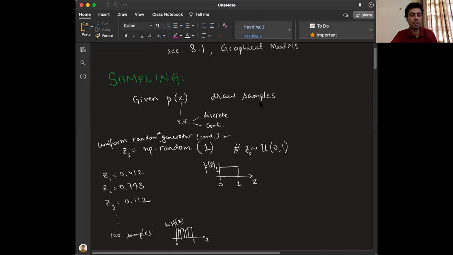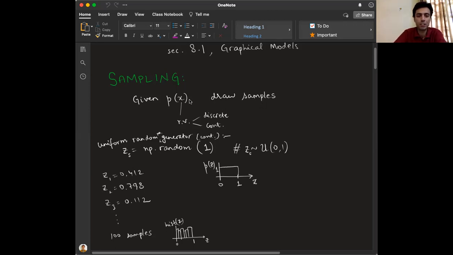If I'm given images of a person and somebody asks me, can you generate more images of this person, or can you generate image of this person which is smiling or crying or angry, so basically conditioned on certain classes. So I can do that. So basically these are the different applications of generative modeling.